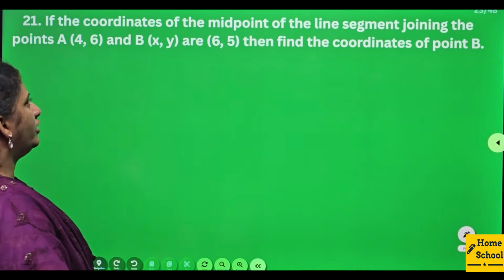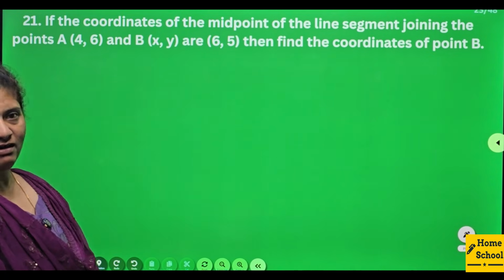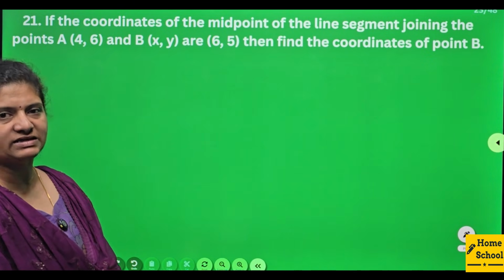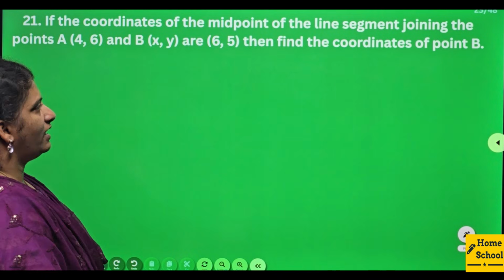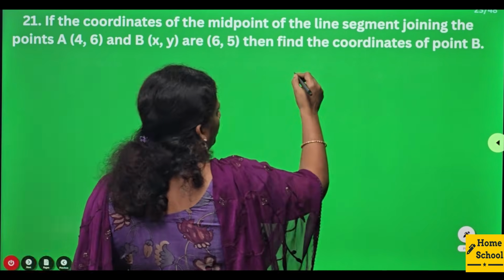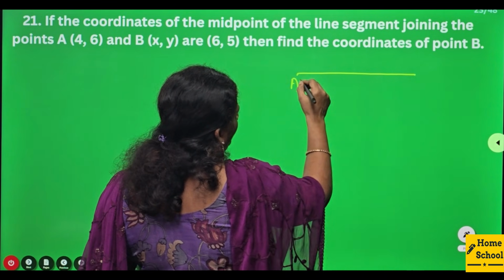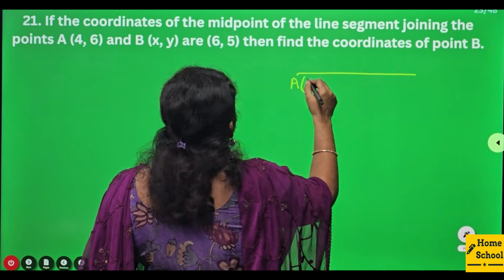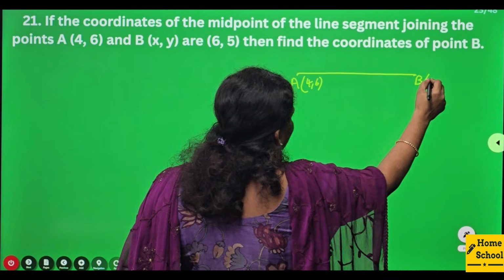21. If the coordinates of the midpoint of the line segment joining the points A (4, 6) and B (x, y) are (6, 5), then find the coordinates of point B. Here we are talking about a line segment joining coordinates A (4, 6) and B (x, y).